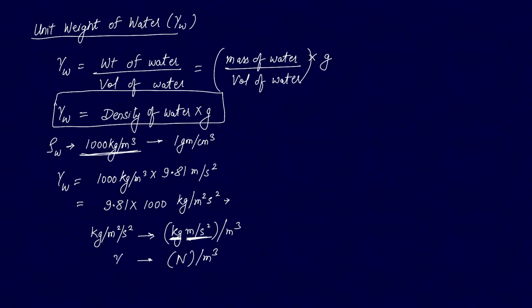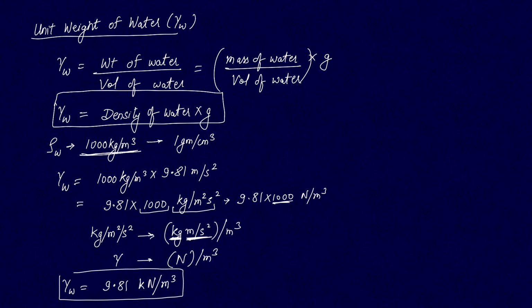So this is the unit of gamma, that is Newton per meter cube. And remember there is another 1000 present here. So we can write 9.81 into 1000 Newton per meter cube, or in place of this 1000 you can write kilo. So 9.81, small k for kilo, capital N for Newton, per meter cube. So this is the value of your gamma W.